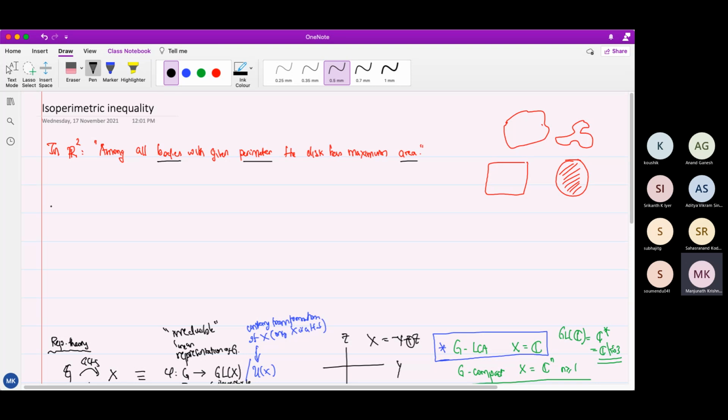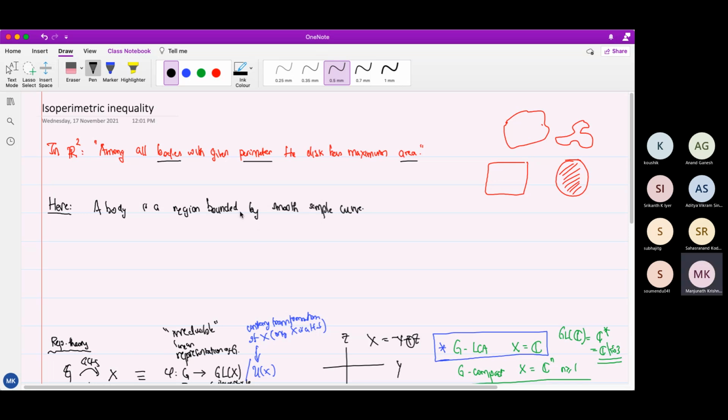So for us, in our limited setting, a body is a region bounded by a smooth simple curve.